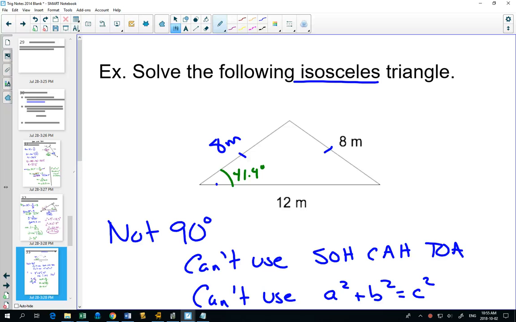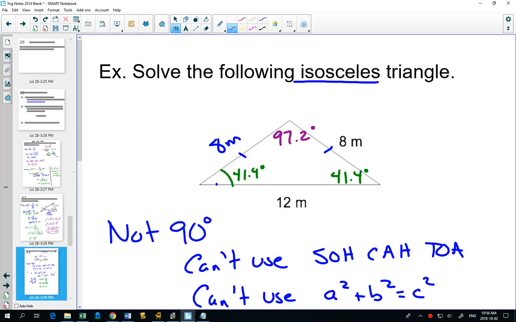I know the other one is 41.4 degrees. And you have to add up to 180. These two right now add up to 82.6. So the one at the top, if I do 180 minus 82.6, it'll be 97, or 92, 82.8, sorry. Does that add up to 180?